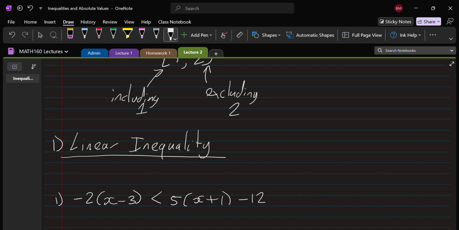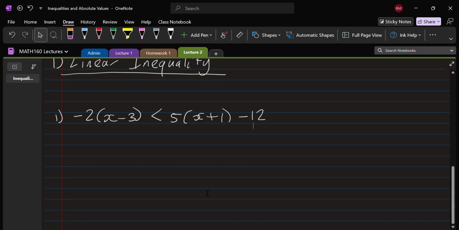Inequality is obvious, we've got an inequality sign over there. What makes it linear? All appearances of x are linear in x. You've got linear, which is just x, quadratic, x squared, cubic, x to the 3. If there's only x, nothing else, then it's called linear. So a linear inequality has only x terms, and then you have some sort of inequality: less than, greater than, less than or equal to, greater than or equal to, one of those.